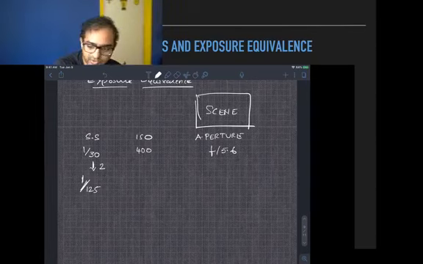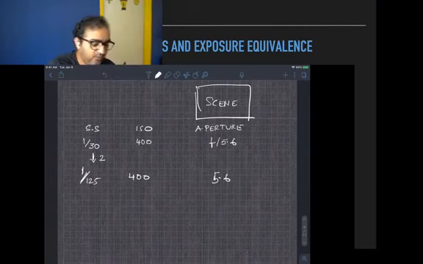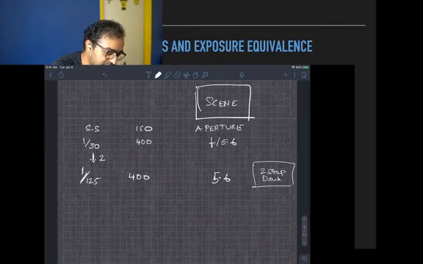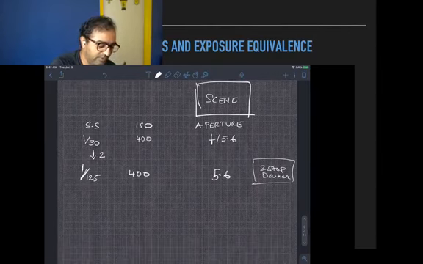If I didn't change anything else, if I left the ISO at 400 and the aperture at 5.6, I would get a scene which was two stops darker than the original scene.